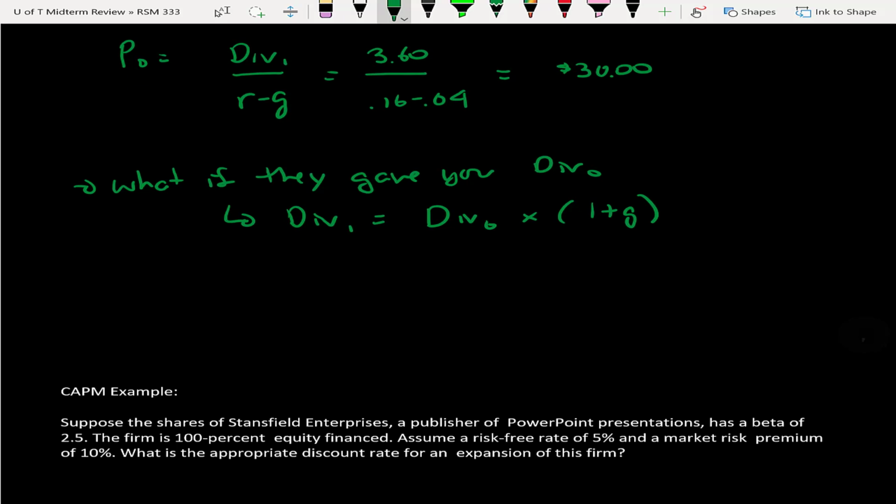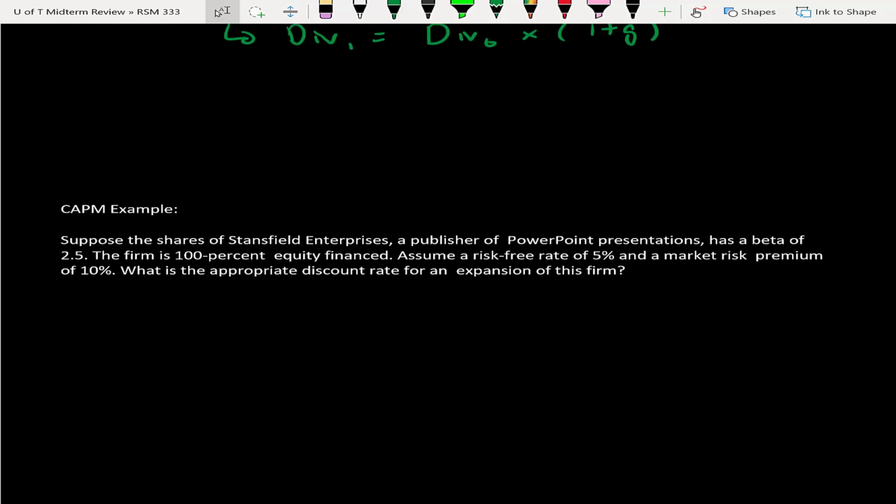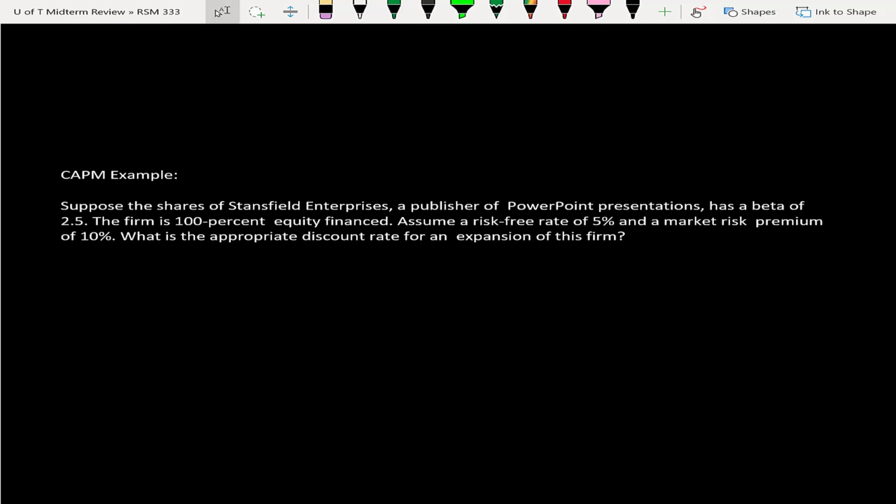Let's do a simple capital asset pricing model calculation and see what they've given us here. The company has a beta of 2.5. It's 100% equity financed, which really isn't relevant for this question. It has a risk-free rate of return of 5%, so that's RF, and a market risk premium, remember, of 10%.